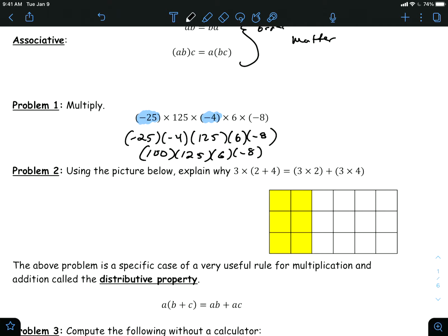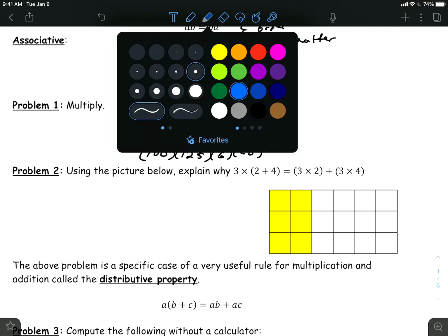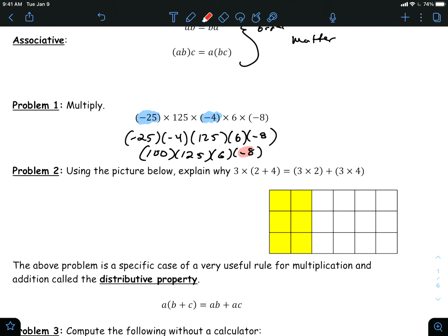Okay, now, I think there's one more easier thing to do, and then we have some tricky stuff to do. So, what would you do next? Yes, Aaron? I would do 125 times negative 8, which makes 1,000. Okay, there you go. So if we take the negative 8 times 125, we're going to get 100 times, Aaron says negative 8 times 125 is going to be negative 1,000.